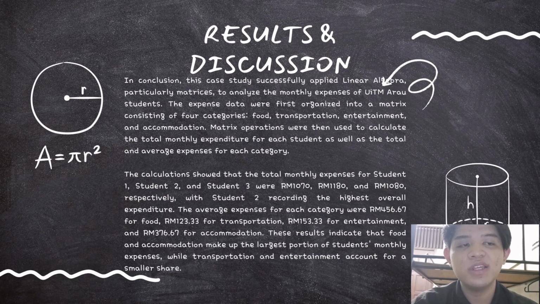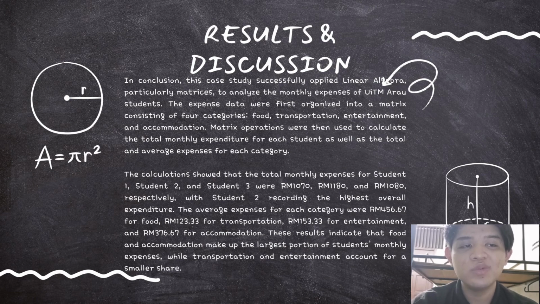So, the result and discussion. In conclusion, this case study successfully applied linear algebra, particularly matrices, to analyze the monthly expenses of UiTM Arau students. The expense data were first organized into a matrix consisting of 4 categories: food, transportation, entertainment, and accommodation.